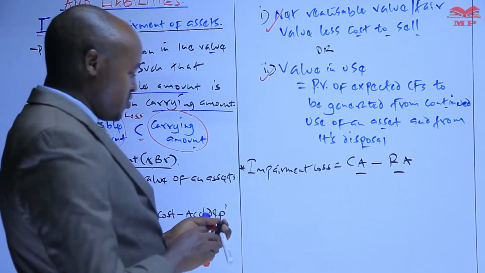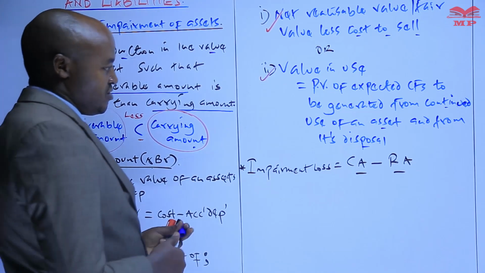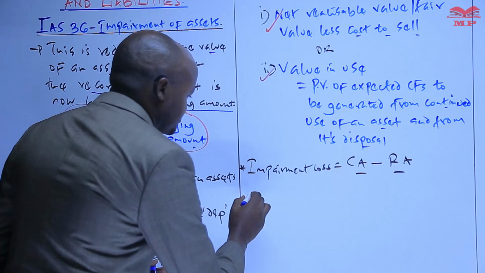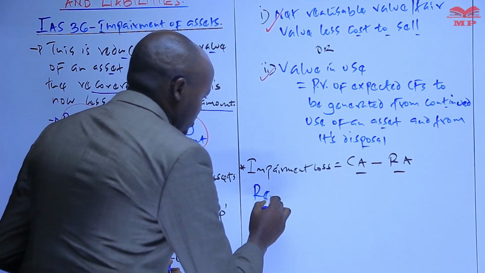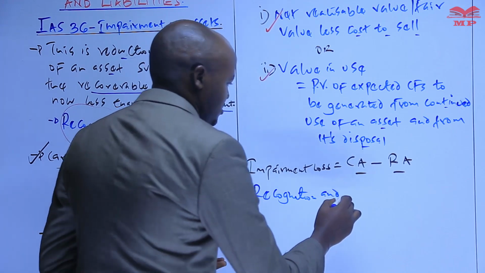So next, let's look at the recognition and also the measurement of impairment loss.